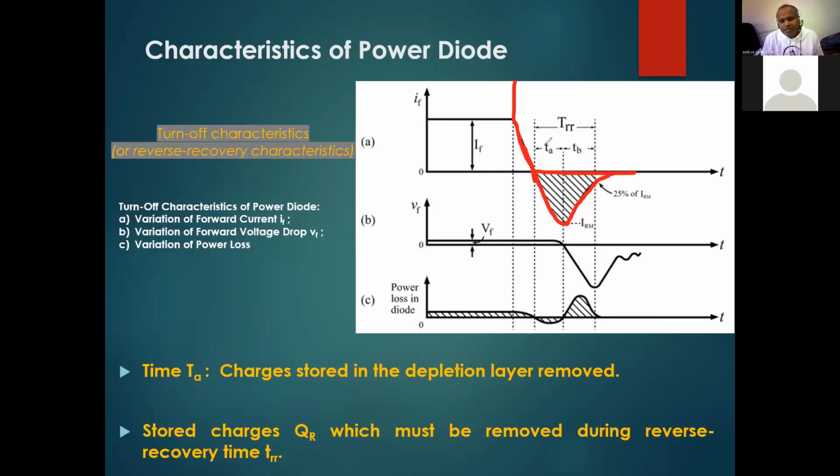TA is the charge due to the depletion region, and TB is the charge due to the bulk semiconductor material. These two need to recombine so they can neutralize all the charges. During that period, a reverse current flows. So this is the turning off characteristics.